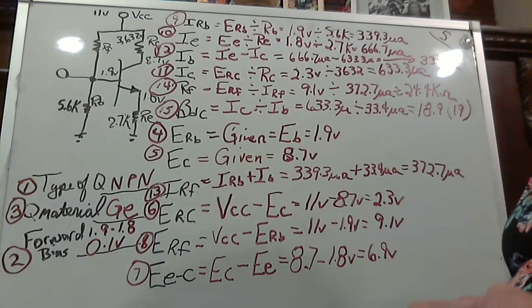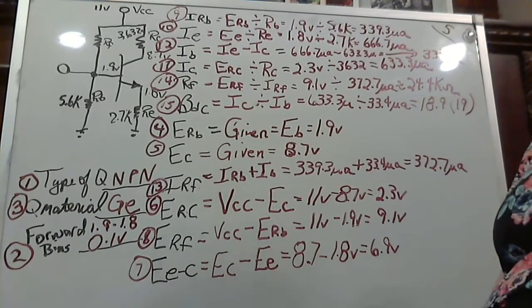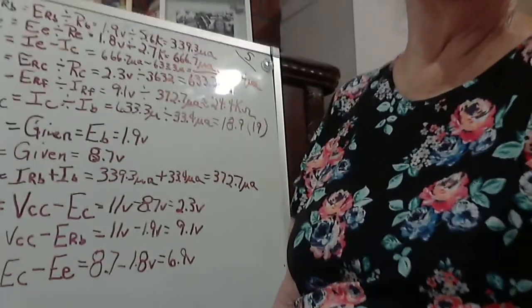remember how in the videos before I said that the current is going to be somewhere between 3 to 5% for the base and 95 to 97% for the collector. So you could do a couple of things here.